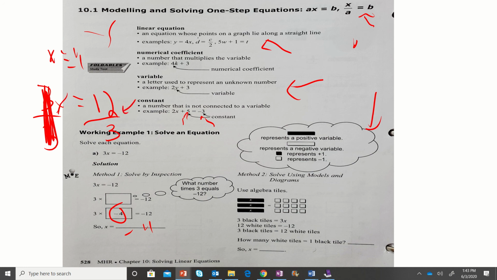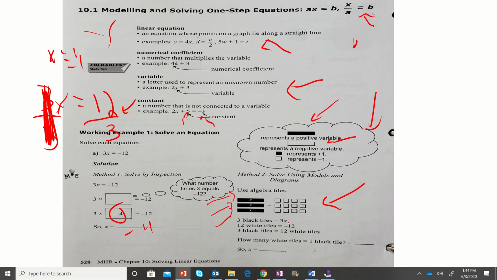Another way of doing it is with models and diagrams. So here, 3x is represented by 3 of these tiles, the darker tiles. Here, we have equals negative 12, and we have 12 white tiles. It says here, a black tile represents a positive variable, and a white tile represents a negative.